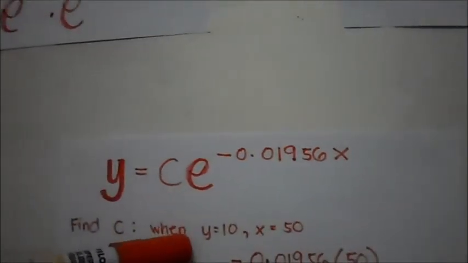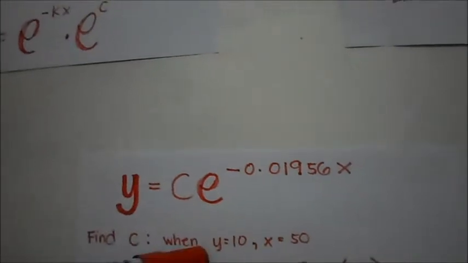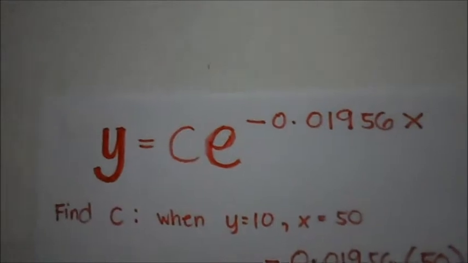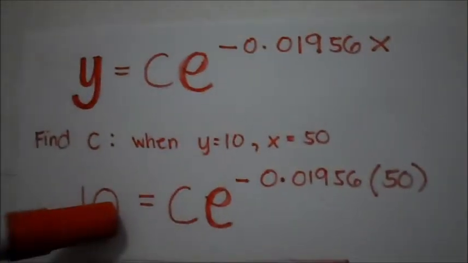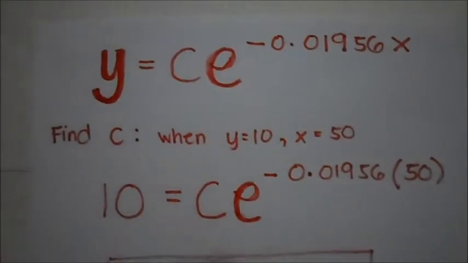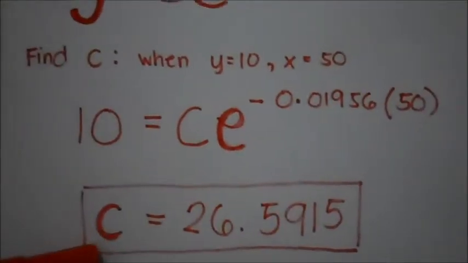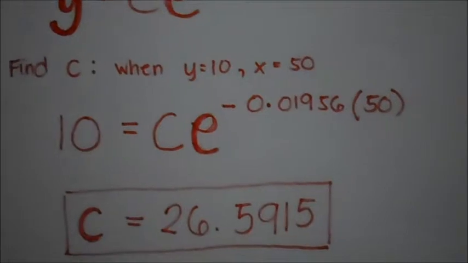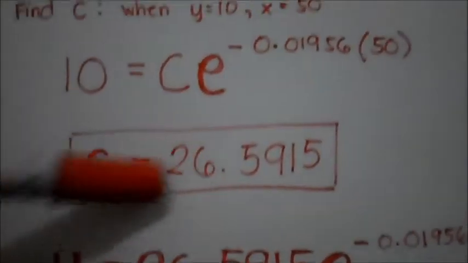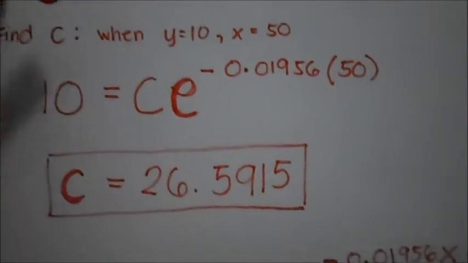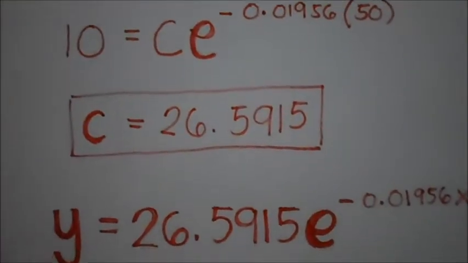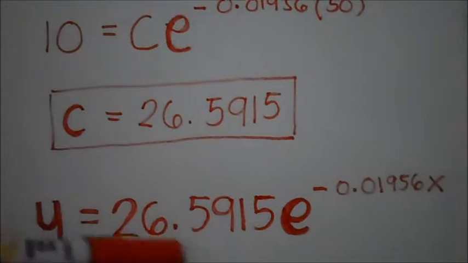Finding c, we let again y be equal to 10 and x be equal to 50, and we have this equation. Then we can find c, which is 26.5915.